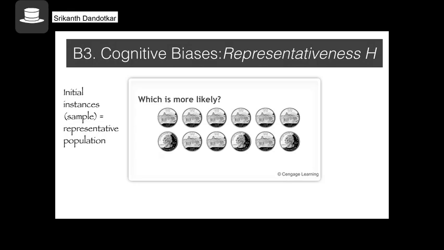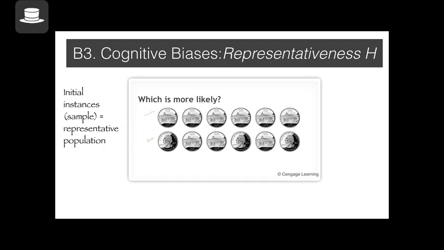The representativeness heuristic is when you think that the sample that you experience represents the population. Now try to answer this question. Which of these two instances is more likely if you tossed a coin six times? Is it this or this?